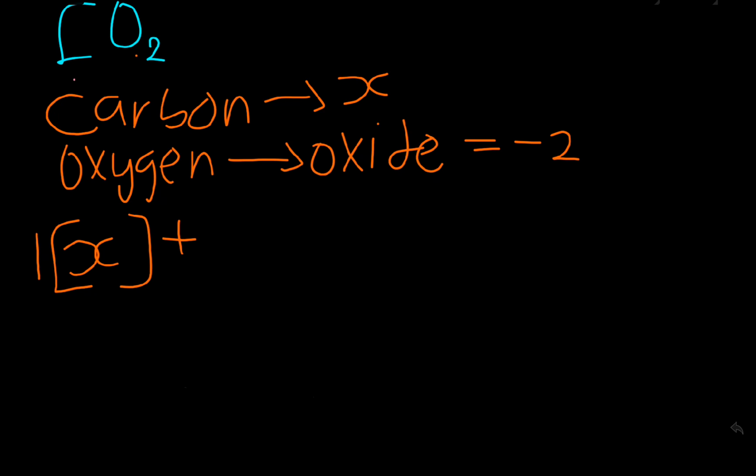Plus the number of atoms of the oxygen, which is 2, so we write 2, and open bracket, the oxidation state of oxygen is -2, so I'm going to write -2 inside the bracket.